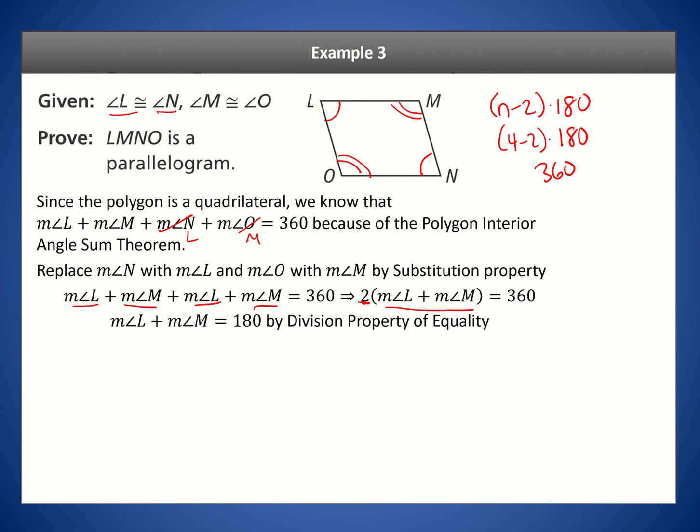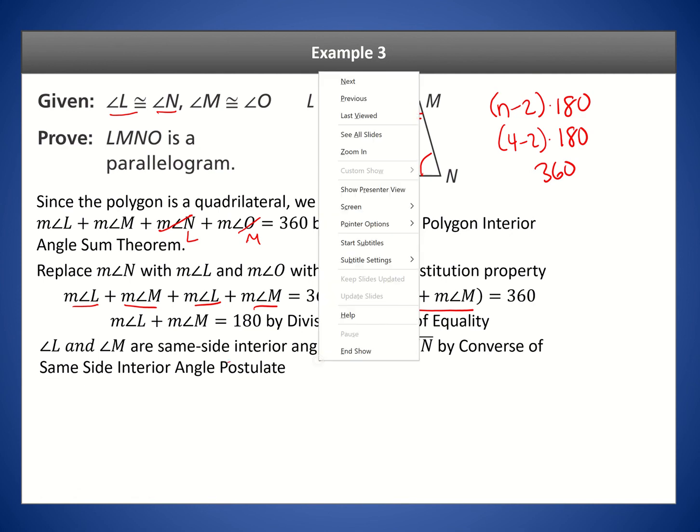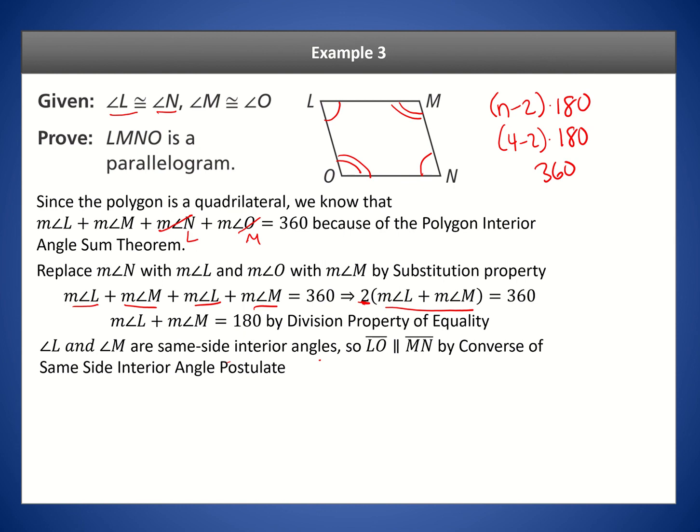Then we can divide off the 2 on both sides by the division property, and we get that L and M together equal 180. Because they add up to 180, they have to be same side interior angles. And because they're same side interior angles, these sides have to be parallel, similar to what I did in the other example.